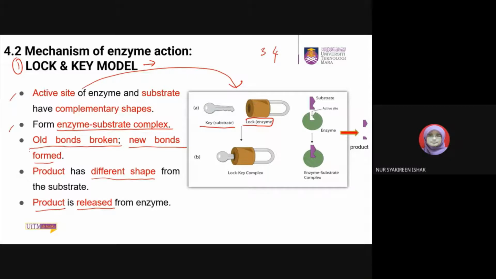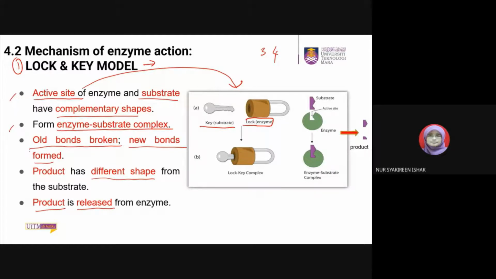For lock and key, these are the keywords that you have to mention. Active site and substrate have complementary shapes. They complement each other. Don't say that the active site and substrate have the same shape, that is wrong. They do not have the same shape, but the shapes of these two molecules complement each other.